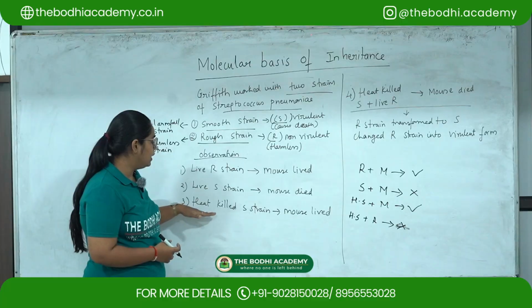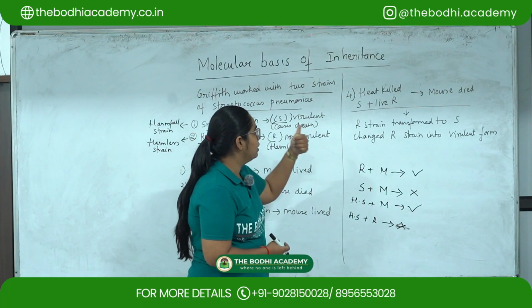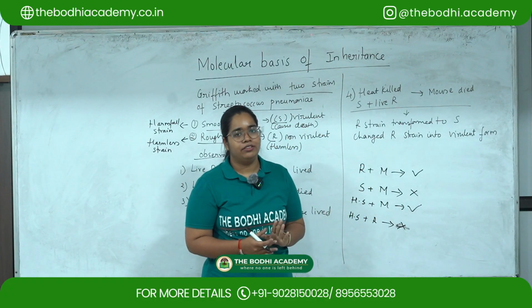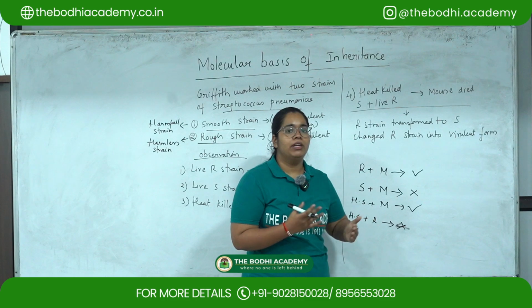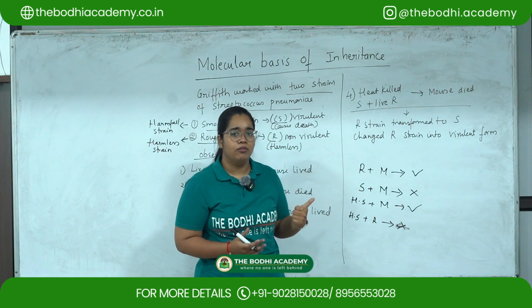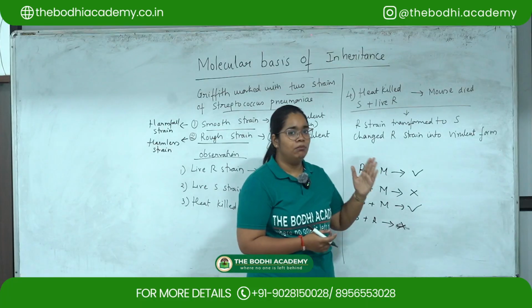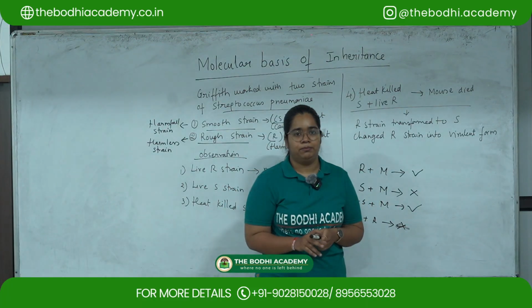When he took heat killed S strain, the mouse lived, but when he injected a combination of heat killed S strain plus the R strain, the non-virulent one transformed into a virulent one, that is a harmful strain of bacteria, and caused the death of the mouse. So this explains the transformation principle by Griffith.